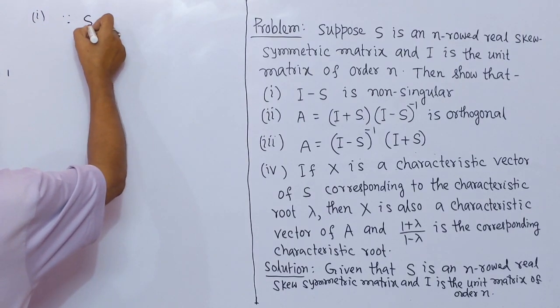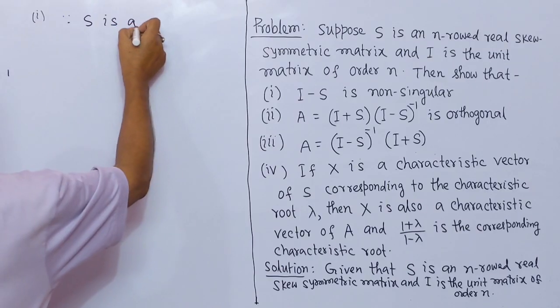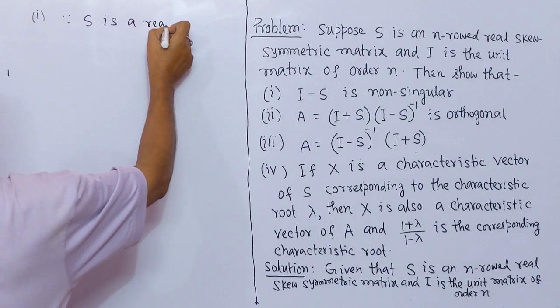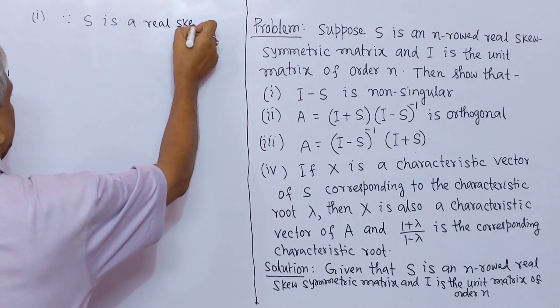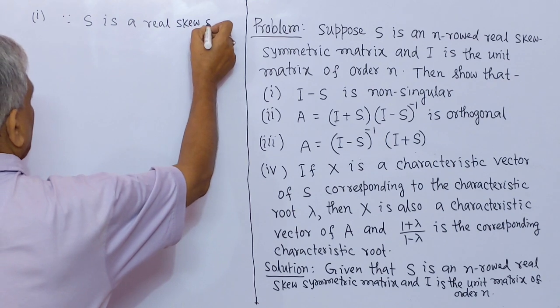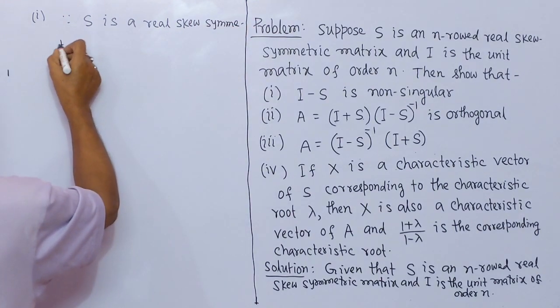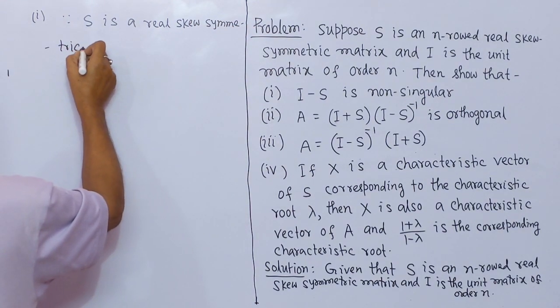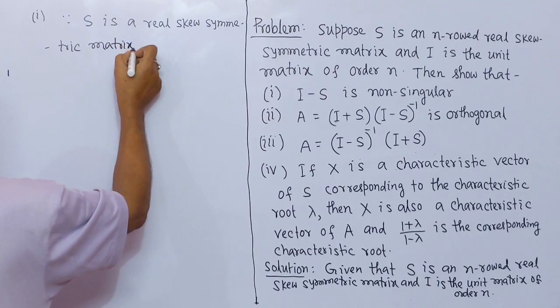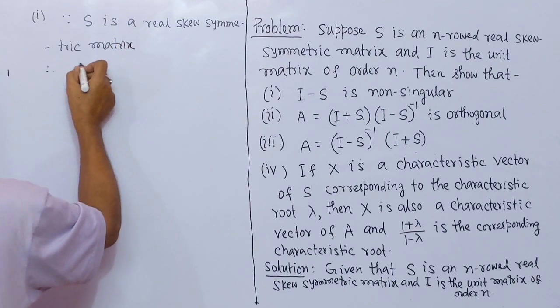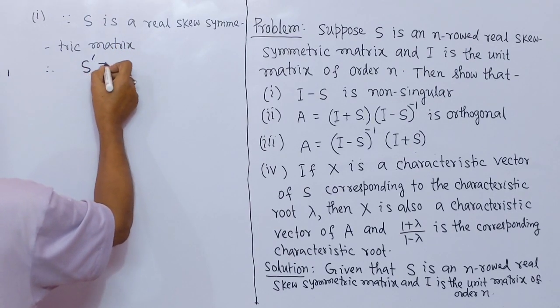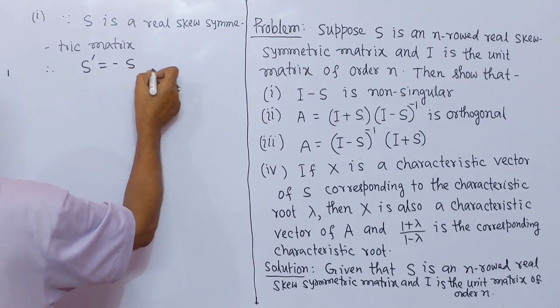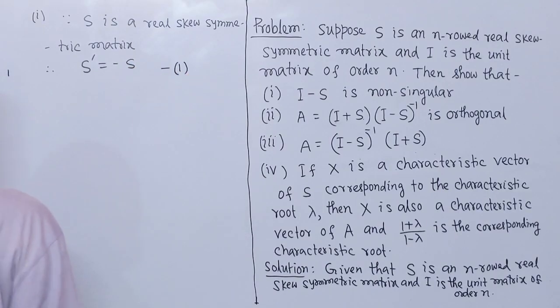Since S is a real skew symmetric matrix, therefore transpose of S equal to minus S. This is number 1.